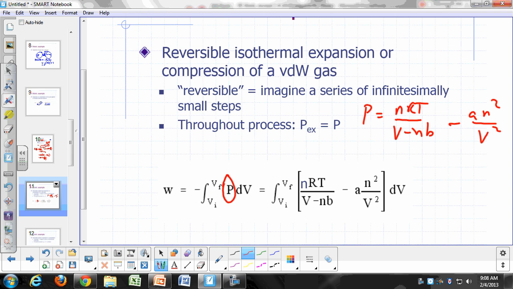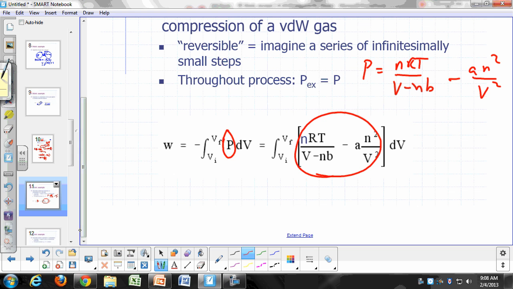So that's the expression for P for a van der Waals gas. You integrate that, and you'll get the expression. A and b are constants. So let's make that your homework. Derive the expression. Evaluate that integral. Derive the final expression.